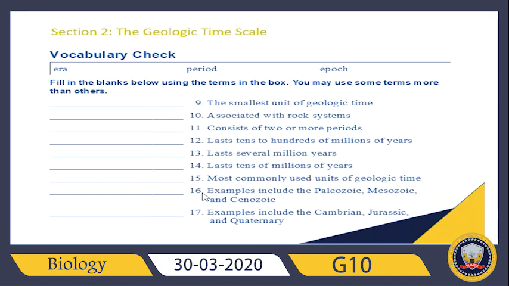Okay, so for number 16, examples include the Paleozoic, the Mesozoic, and the Cenozoic. Exactly, for number 16, the correct answer will be era. Okay, and finally for 17, examples include the Cambrian, Jurassic, and the Quaternary. Exactly, here for 17, the answer will be period.